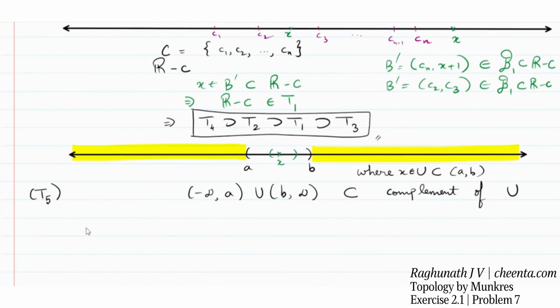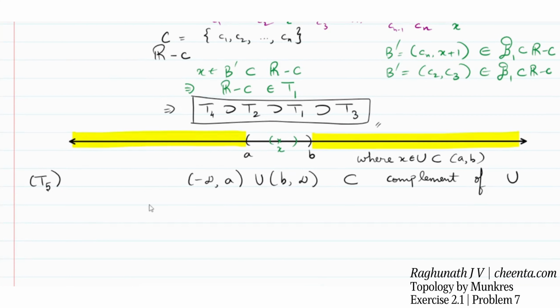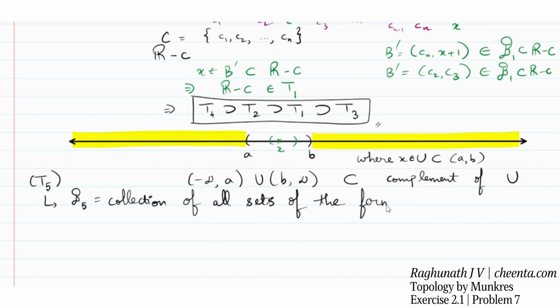Now if you come to the topology T5, we can prove that, we know that T5 has basis of the form: the collection of all sets of the form minus infinity to A, right?